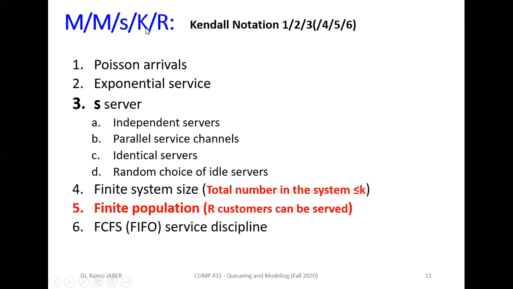Else, if K is bigger than R, the limitation will be on R, the number of customers, not K. K is the size of the buffer, how many customers are inside the queue system. R is the number of customers that can be served only.